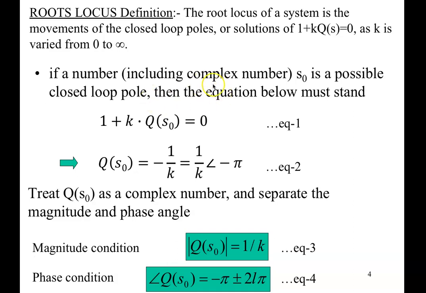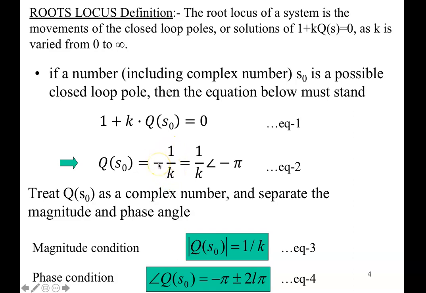So change equation number 1 slightly in its format. I'm going to move that 1 to the right hand side and then divide both sides by k, and end up with Q(S0) equals minus 1 over k. k is between 0 and infinity, that's a positive number.